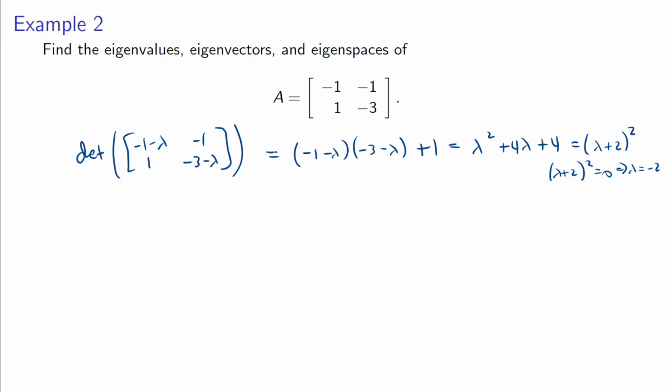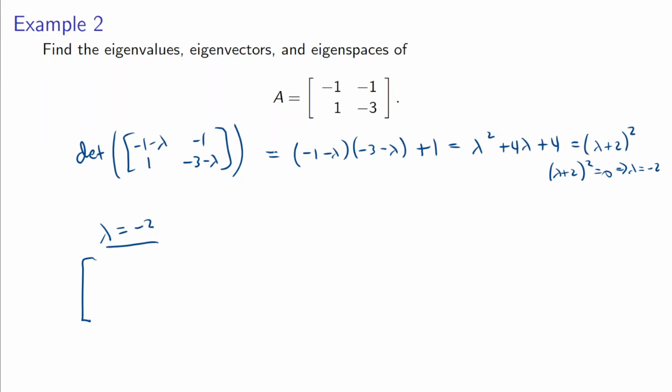So let's go ahead and look for the eigenvectors corresponding to this, and the eigenspace, I should say, corresponding to this eigenvalue. So we want to look at solutions to (A minus lambda I) times v equals 0. And so we're going to be adding 2, because subtracting a -2 will be adding 2 on the diagonal.